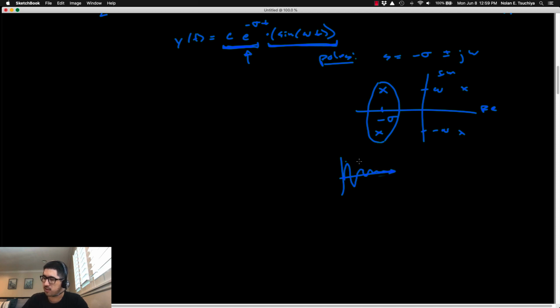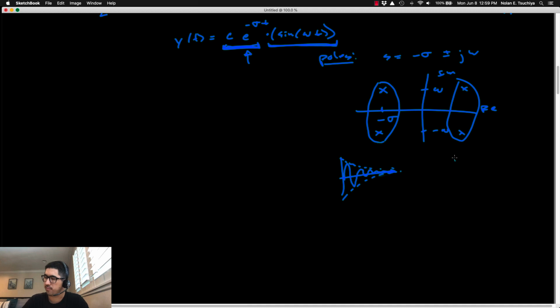You're going to have an oscillating component that's being housed inside of a decaying exponential envelope function, because the sigma here, which is a positive value, corresponds to e to the minus sigma t in the impulse response. So you're going to get a decaying envelope function.